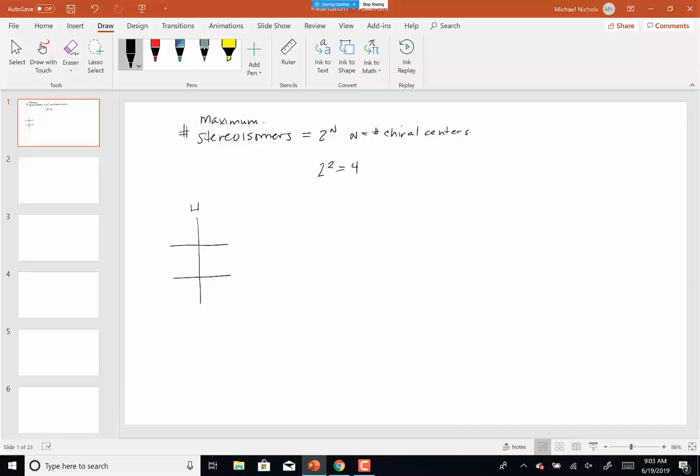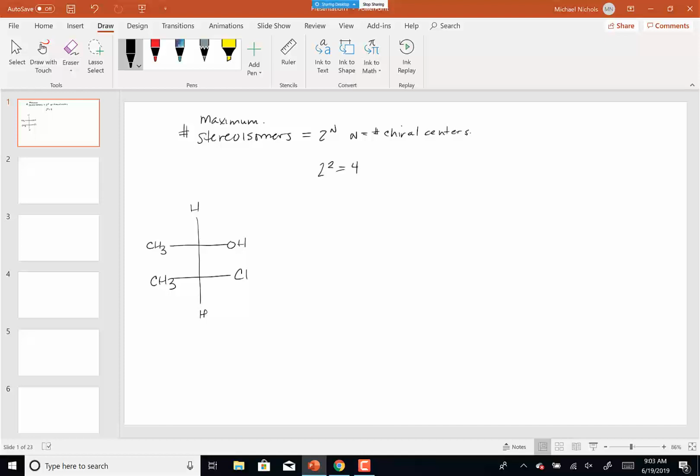Let's start with something where there's a hydrogen here, a CH3 here, an OH there. We'll put a hydrogen there, we'll put a Cl, and maybe we'll put another CH3 there. So we'll start with this molecule that has, sorry, 2 chiral centers.